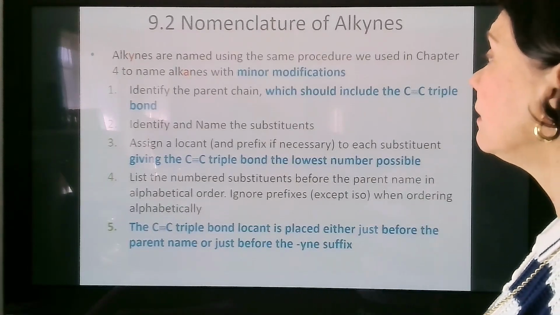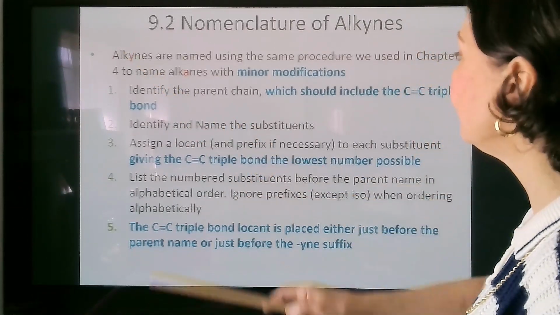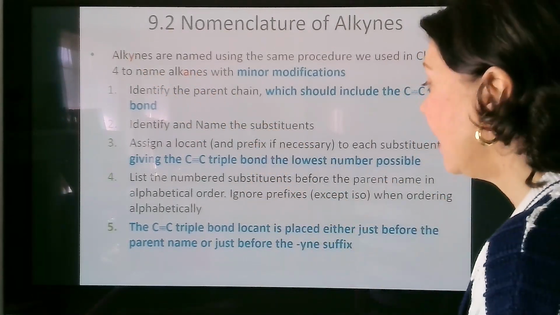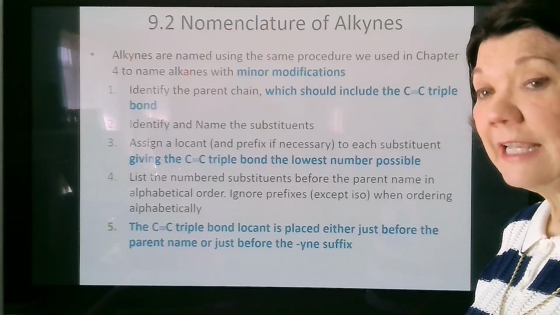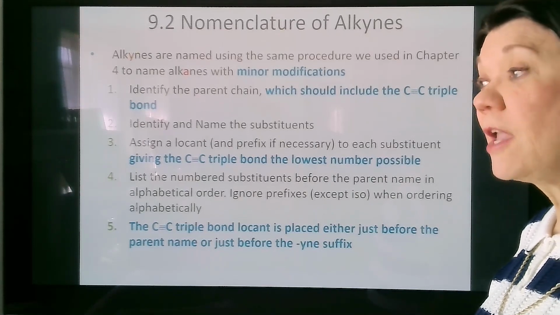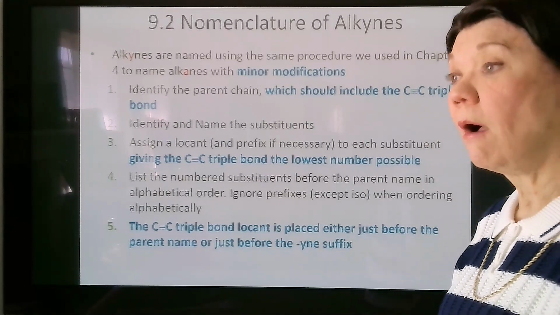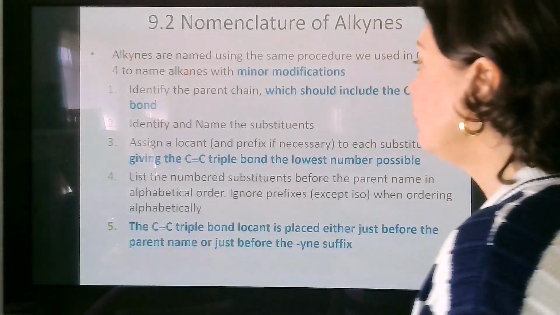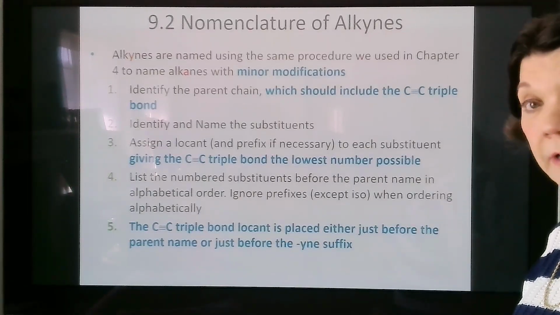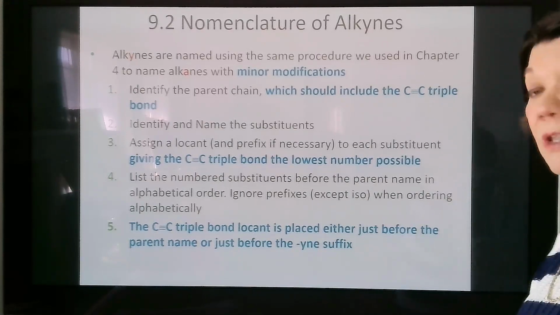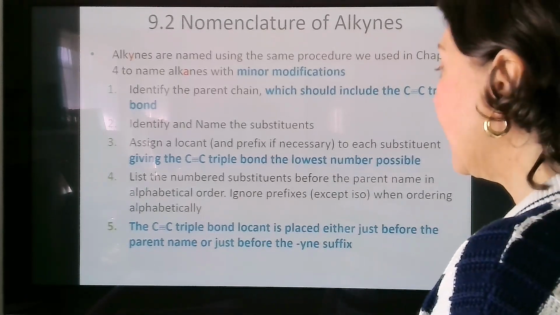You will not need to memorize this structure or this molecule, but you should be able to see and recognize the alkyne linkage. So with alkynes, notice that you have the Y here that is emphasized and the A here that is emphasized. You're going to have to work not to confuse alkanes, alkenes, and alkynes. The only thing differing in those names is one letter: A, E, or Y. Alkynes are named using a lot of the same rules that we learned already for alkanes, and they're very similar to the alkene nomenclature as well.